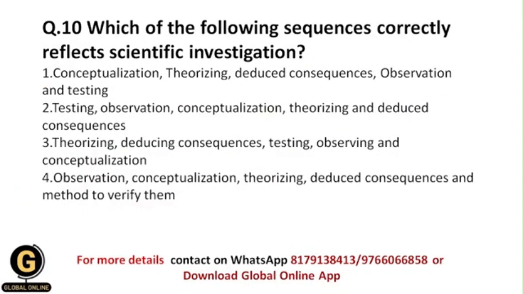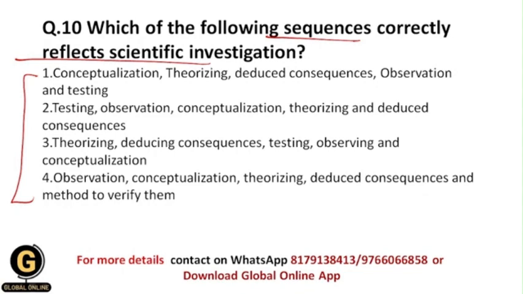Next is, which of the following sequences correctly reflects scientific investigation? Here we have been given different options, and in each option they have given us a different sequence, but we need to identify the correct sequence of scientific investigation.